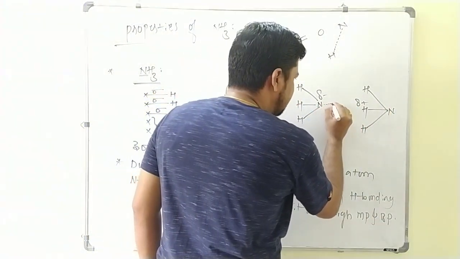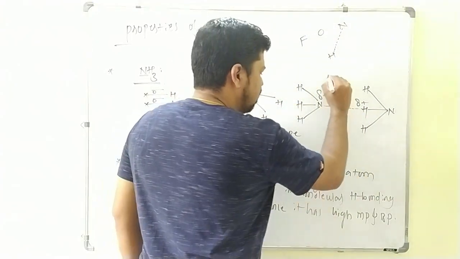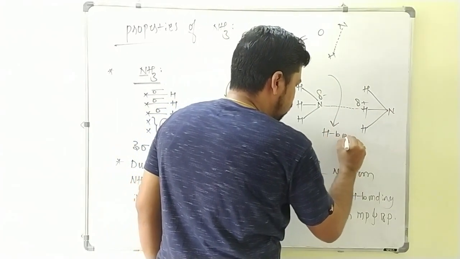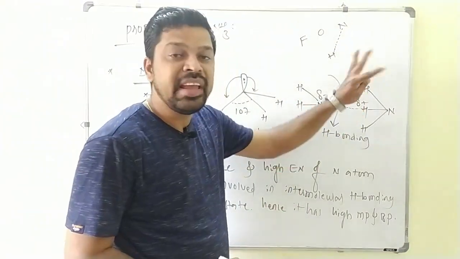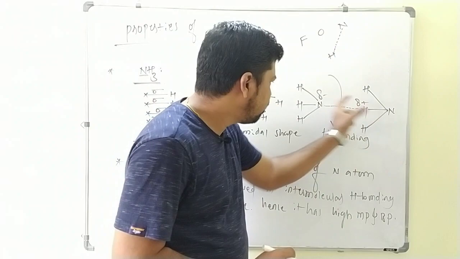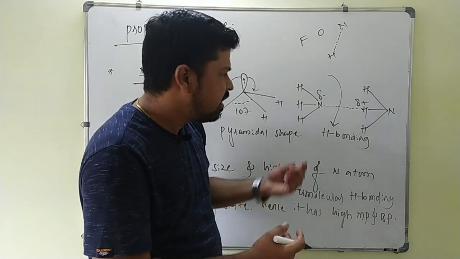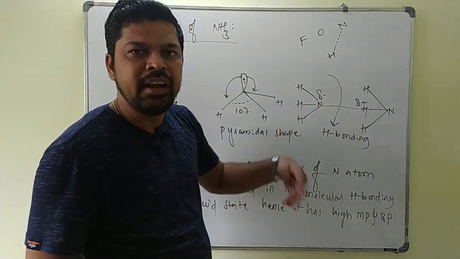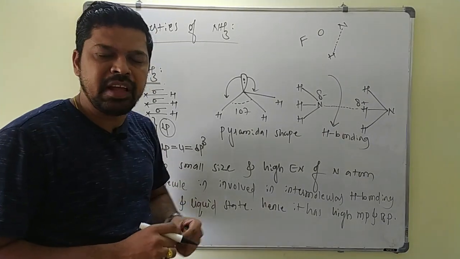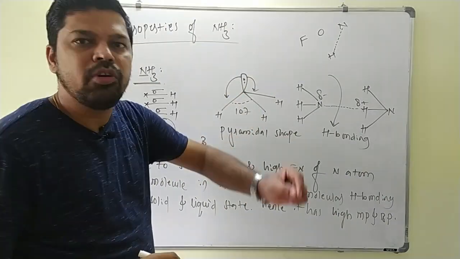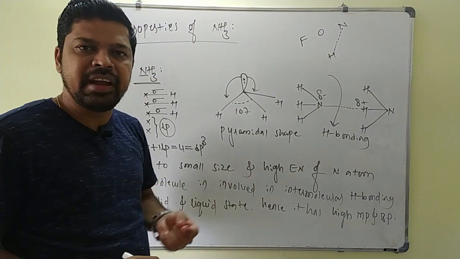Now, the force of attraction that exists between the highly electronegative nitrogen and the hydrogen atom is called hydrogen bonding. Since this hydrogen bonding exists between 2 molecules of ammonia, it is called intermolecular hydrogen bonding. Due to the presence of this intermolecular hydrogen bonding, the force of attraction between the ammonia molecules increases. That's why it has the highest melting point and boiling point here. Okay, this is the formation of hydrogen bonding in ammonia. So always keep in mind, the ammonia molecule is involved in intermolecular hydrogen bonding. Because of that, it has a high melting and boiling point.